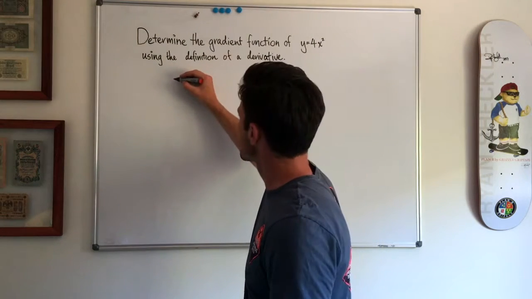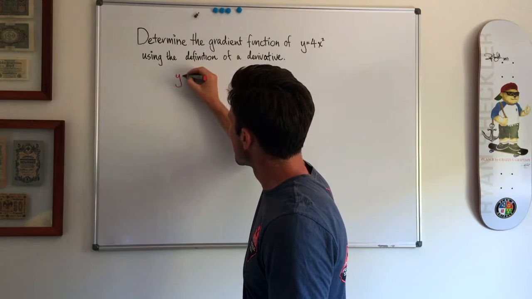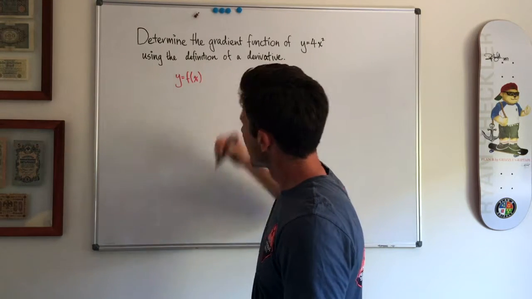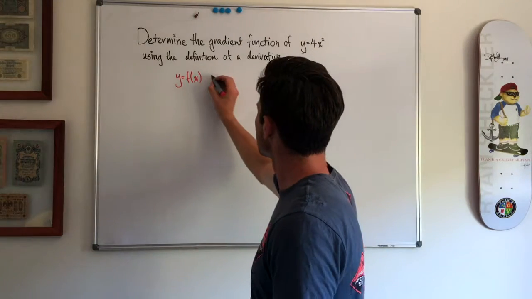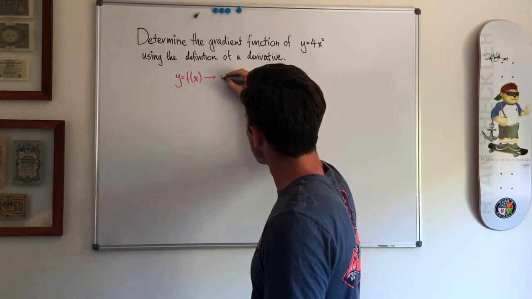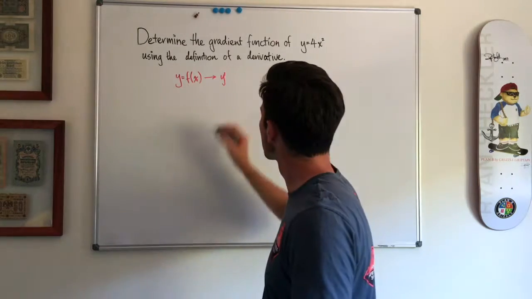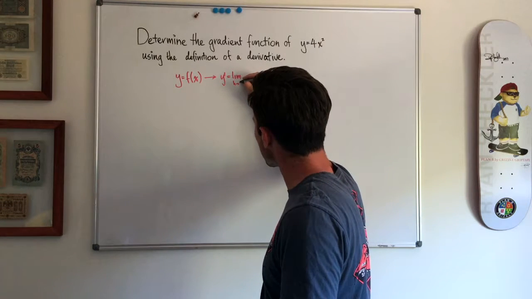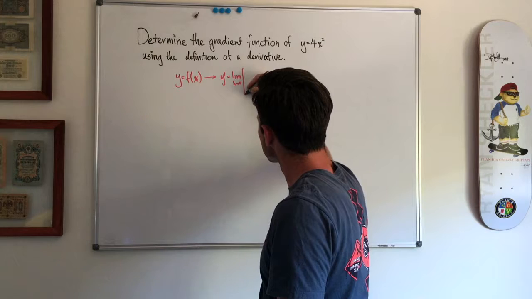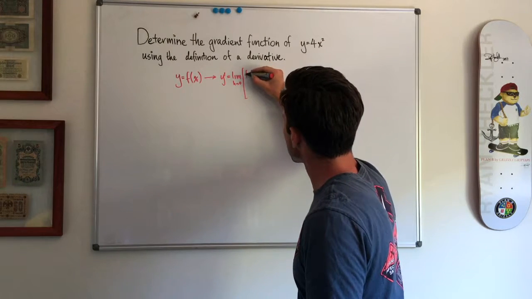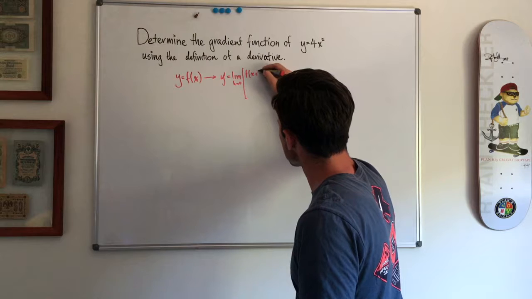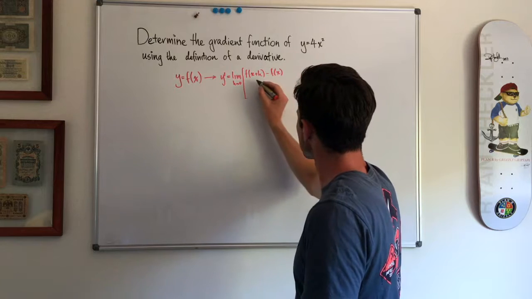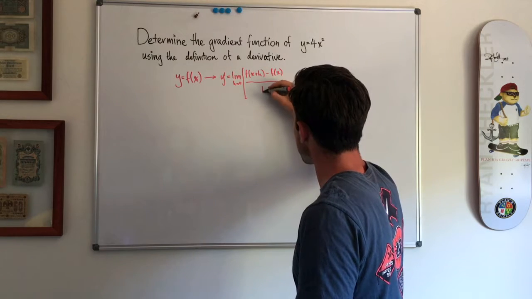So for the general sense, if we have a function y equals f of x, its derivative y dash will be equal to the limit as h tends to 0 of the function at x plus h, minus the function at x, all divided by h.